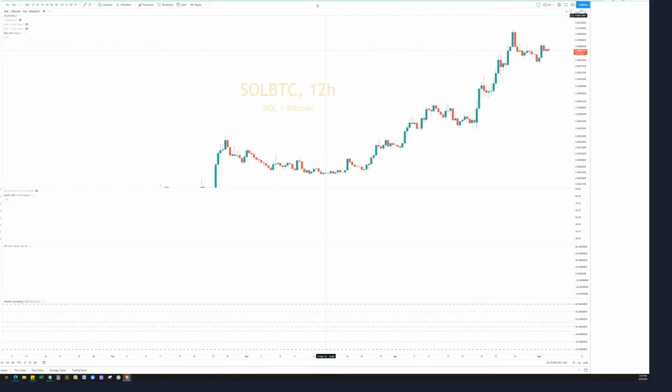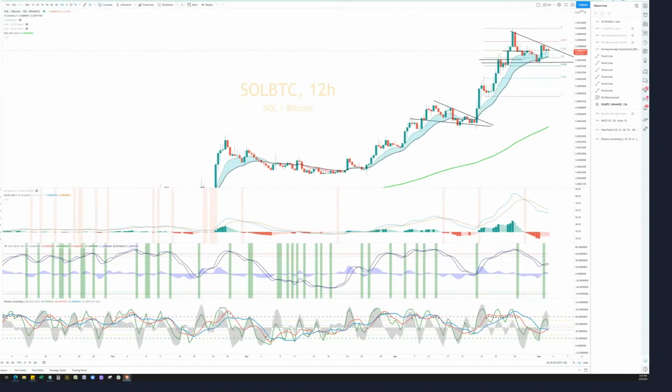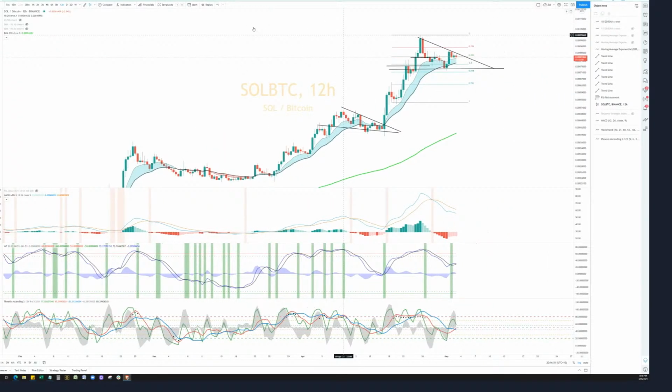Where's my XRP? Sol's still looking good. XRP. Actually, before I go to XRP, let me look at Doge. I haven't seen that for a while.